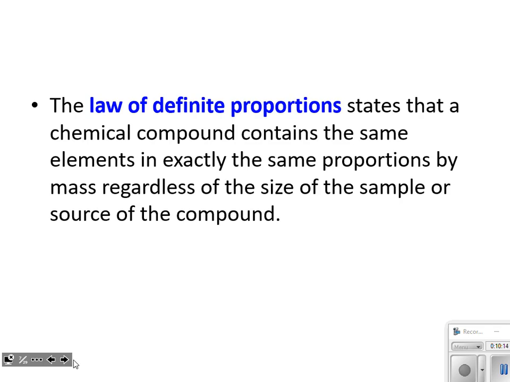The law of definite proportions is another foundation of the atomic theory. The law of definite proportions states that a chemical compound contains the same elements in exactly the same proportions by mass, regardless of the size of the sample or the source of the compound.